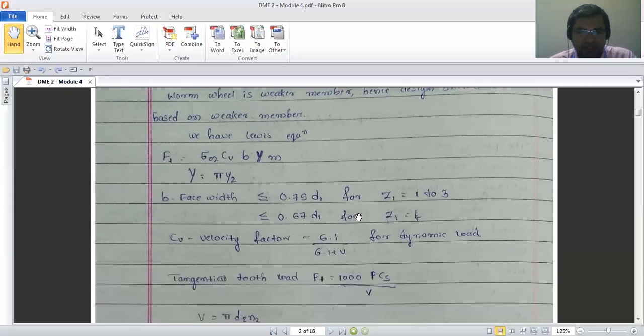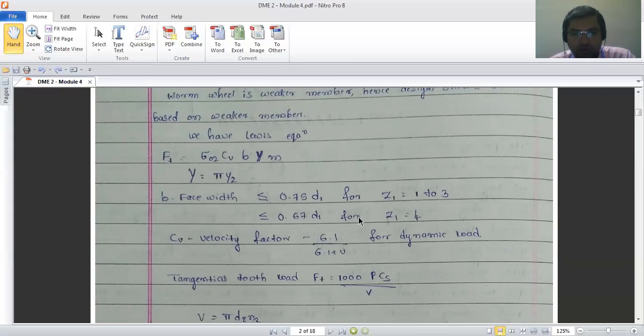So this equation is available in the data handbook, where b is face width, which is 0.75 times d1 for Z1 of 1 to 3, and it should be greater than 0.67 d1 for Z1 more than 3, that is equal to 4. The velocity factor is 6.1 divided by 6.1 plus V for the dynamic load.